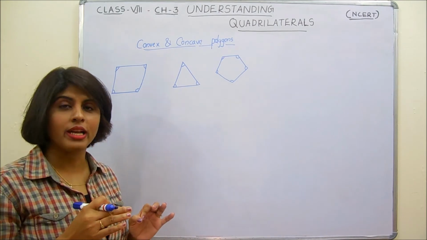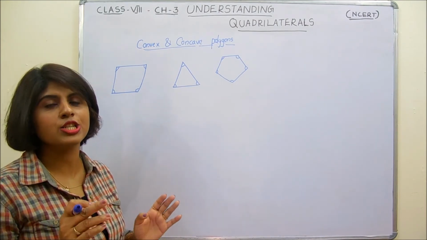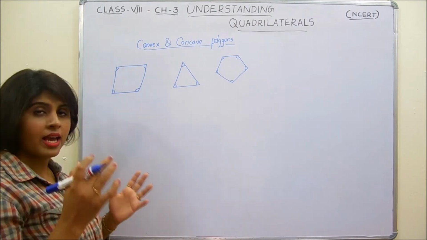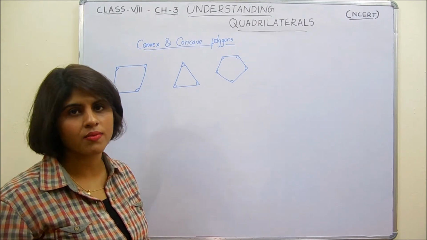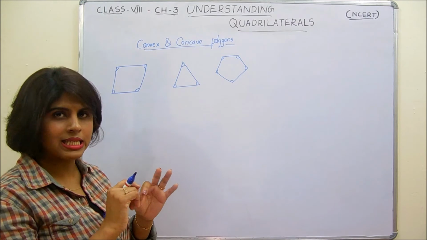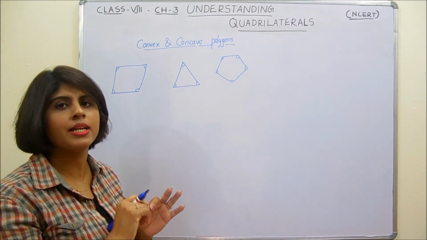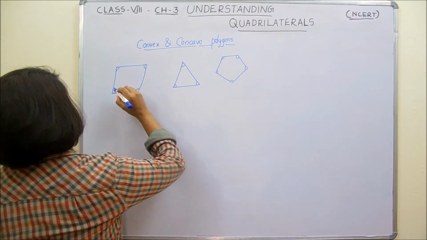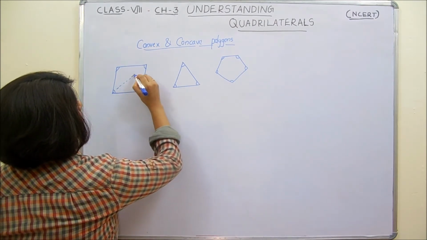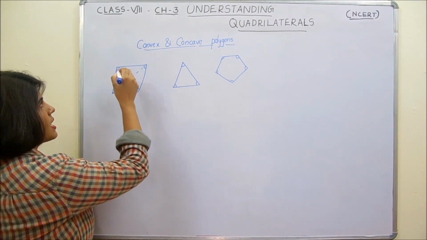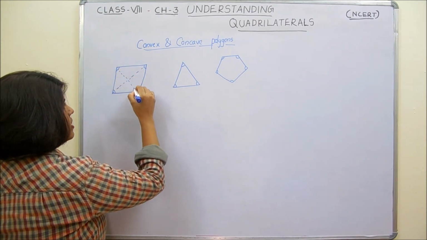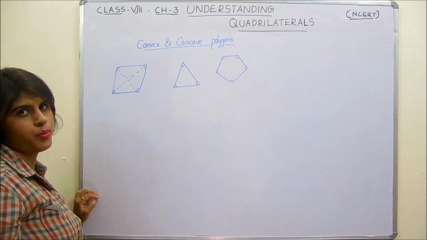In this type of polygon, all of its diagonals should lie in the interior of the polygon. Okay, we have already seen what the diagonals of a polygon are, right? It's a line segment connecting any two non-adjacent vertices. So if we are considering this diagonal, which lies inside the polygon, and this diagonal, which also lies inside the polygon.